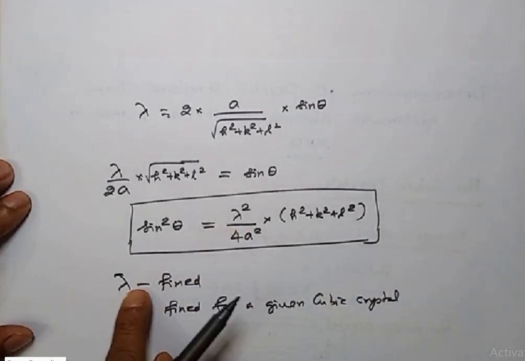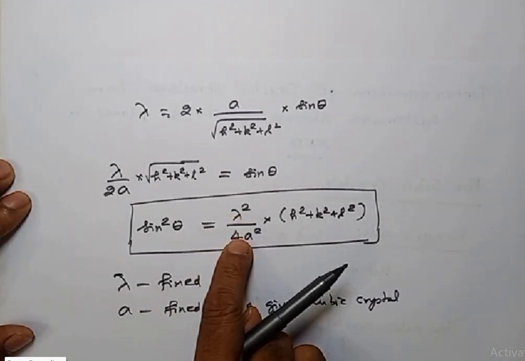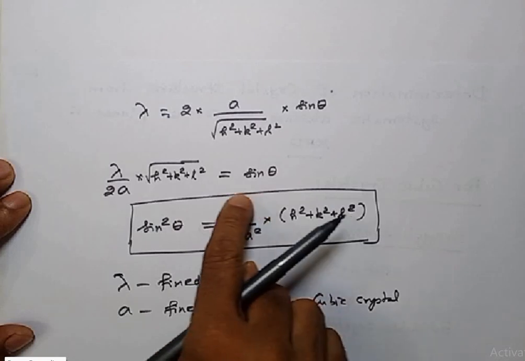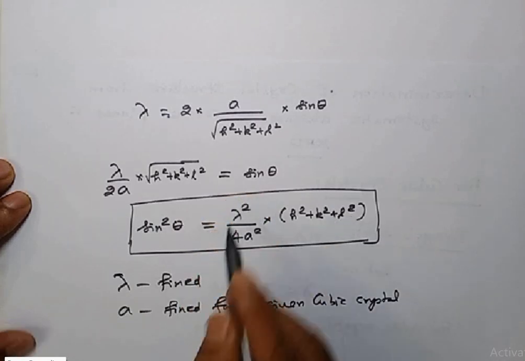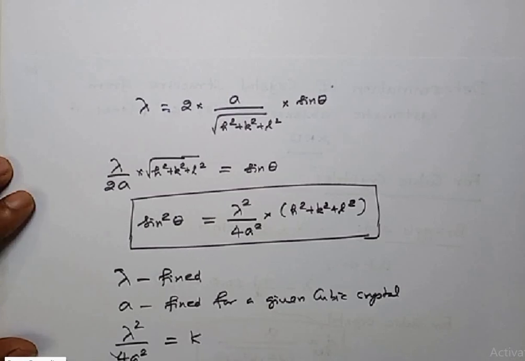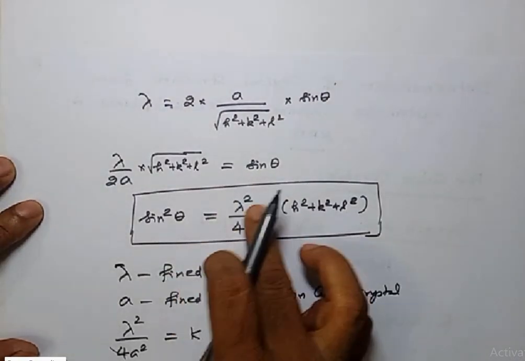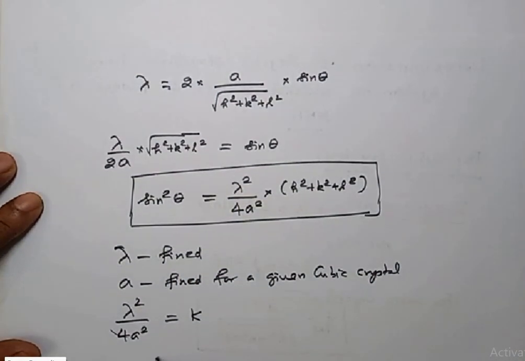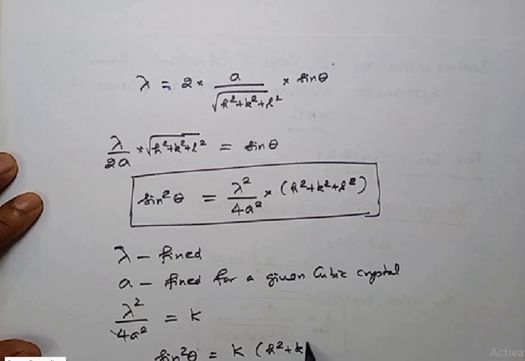So for a fixed wavelength, 4 is constant, a square is constant. So I'm going to replace this lambda square by 4a square, which is a constant, with, say, for example, K. So instead of this, I'm going to write this simply as K. So sine square theta equal to K into h square plus k square plus l square.